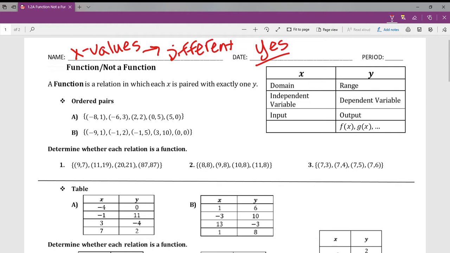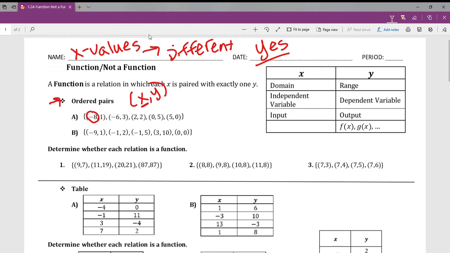So let's go through some examples right here. The first thing we're going to look at is ordered pairs. Let's take a look at A. Remember, when we write a point, it's going to be x comma y. So we're only looking at those x values again. In example A, my first x value is -8.